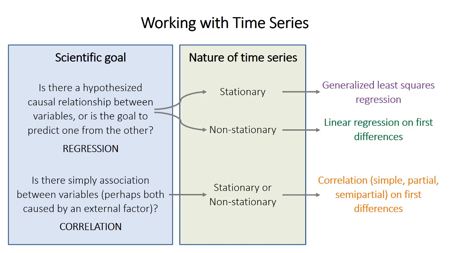But it's also totally fine to do, in this case, ordinary least squares regression on the first differences, just like you would otherwise. So, to wrap up, beware of time series, especially non-stationary time series, because they can cause problems.